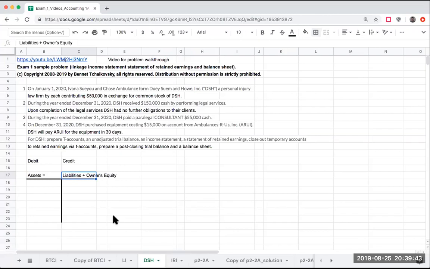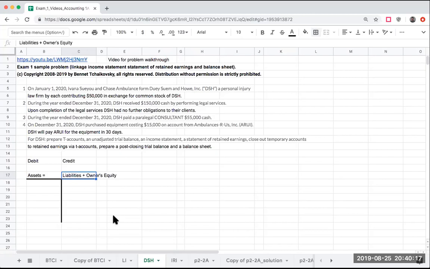Rather, our company is generating revenue during the year, meaning that it's performing services. It's also spending money in terms of performing those services. So during a period of time, we need to show here is what we earned, or what we call our revenues, and here are the costs of those revenues, which we call expenses.